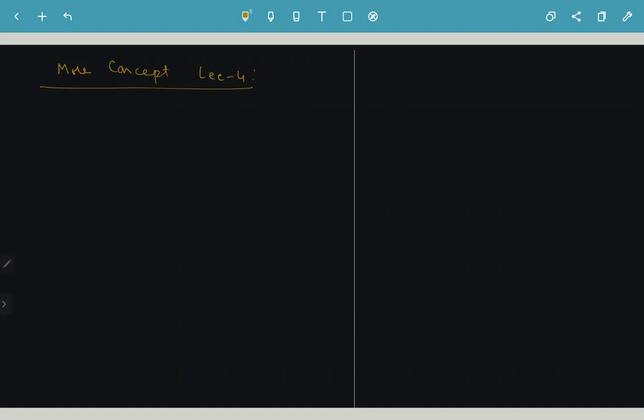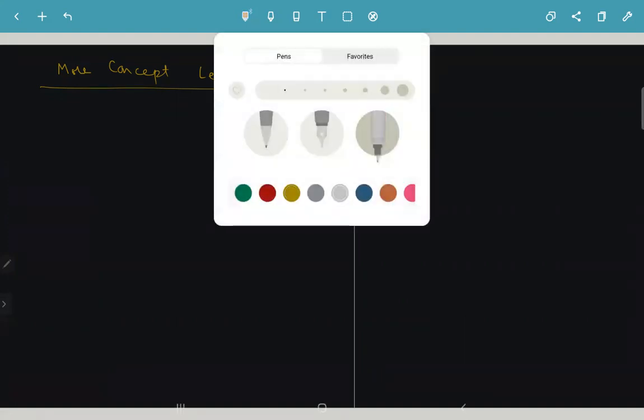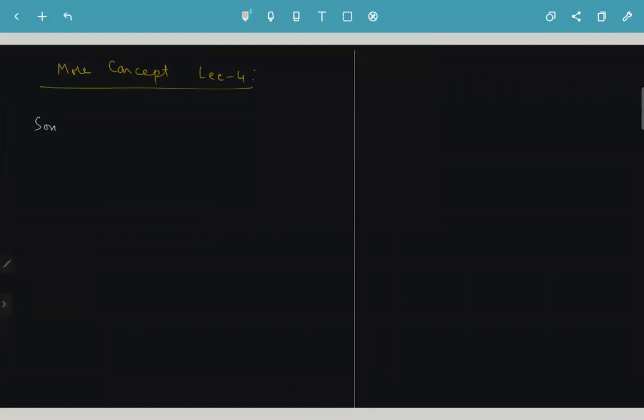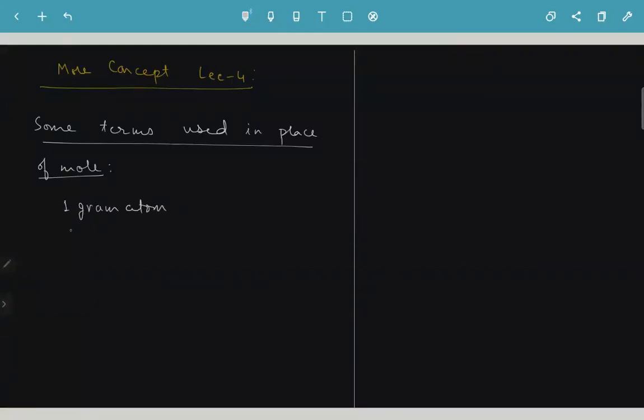We will study some more terms used in place of a mole. Here, one term is gram atom. 1 gram atom refers to 1 mole of atoms.